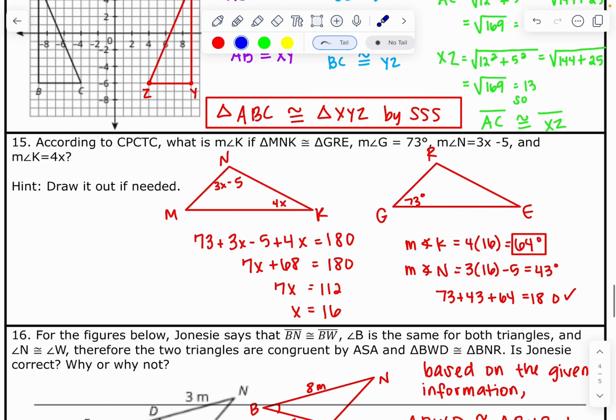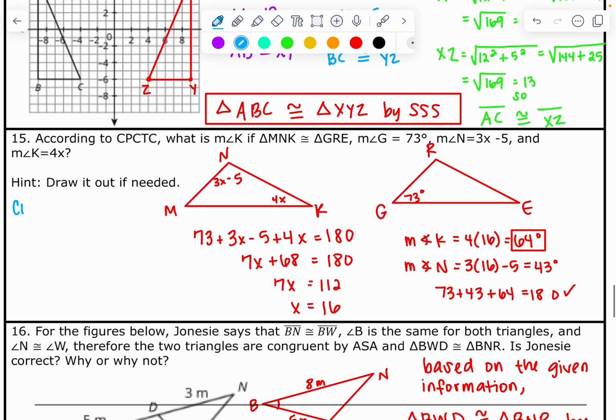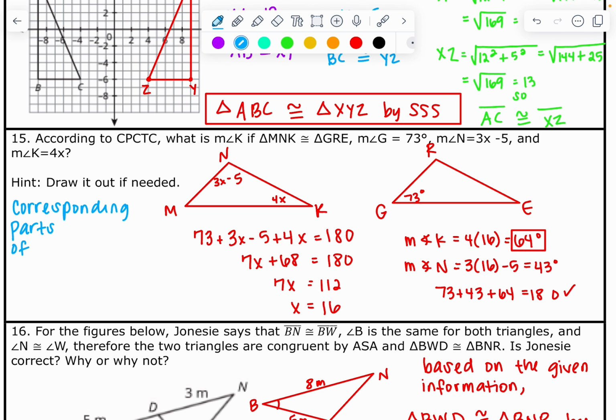And for number 15, according to CPCTC, which, if you forgot, stands for corresponding parts of, sorry, the "of" is unimportant, congruent triangles are congruent.